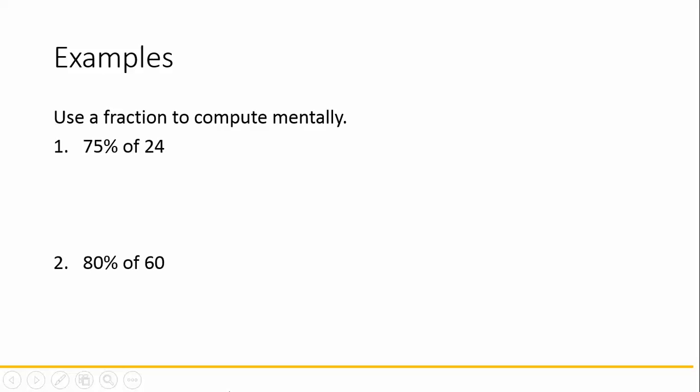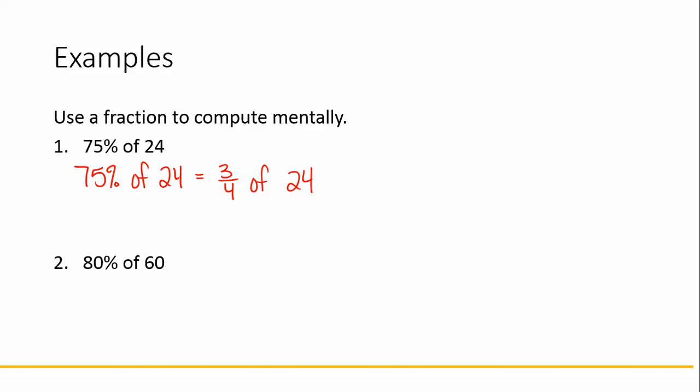So 75% of 24. The first thing you want to think of is what is 75% as a fraction? And you know that 75% is equal to 3/4. So 75% of 24 would be the same thing as saying 3/4 of 24.